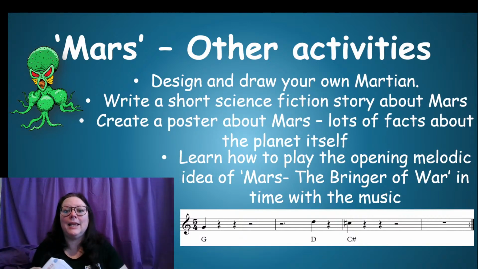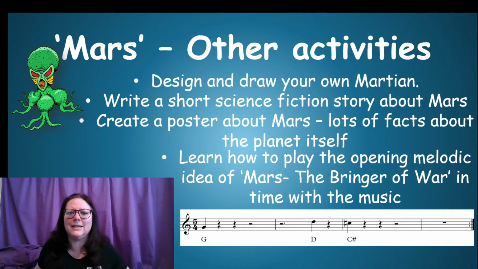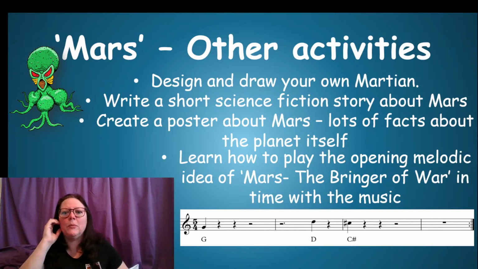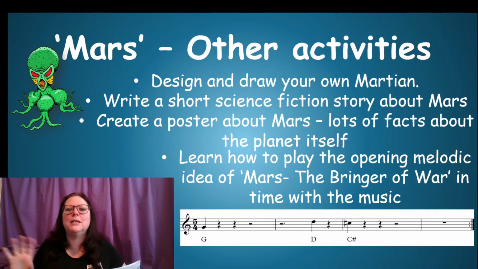That would be amazing. And once you've created them, if you wanted to send them to Theatre of Music so that we can have a look at those creations, that would be amazing to see your designs. We could perhaps find a way of putting some of them up somewhere so that people could see just how creative you could be. Obviously, we'd only put names and things if that was okay. Otherwise, we would just put your pictures up and you'd be able to see them.